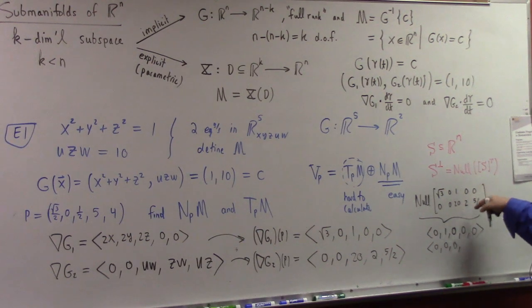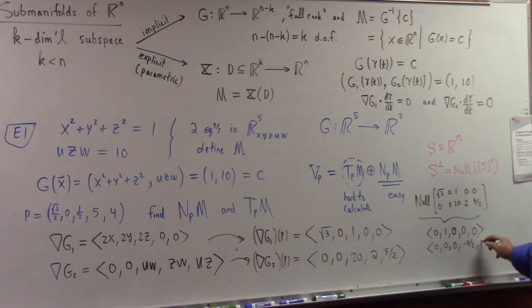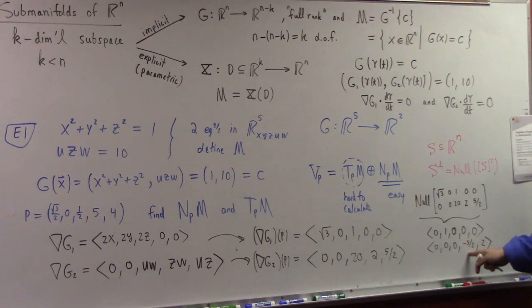Well, 1, 0 would still dot product, so I need to play the flip-a-negative game. If I do minus 5 halves, 2, I think that would do it, because when I take the dot product of the first one I get 0 because it's zeros and zeros, and the second one I get minus 5 plus 5, 0, great. But we're still guessing has got us this far.